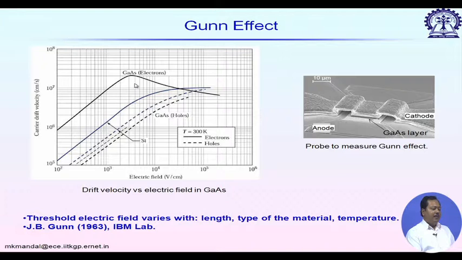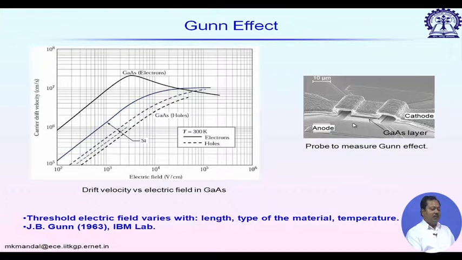But for gallium arsenide electrons, the carrier drift velocity first increases, reaches a maximum value, and then it decreases. Since carrier drift velocity decreases, the current will decrease with increasing voltage in this region, and it will give negative resistance. The right hand side picture shows a typical Gunn diode using a gallium arsenide layer.